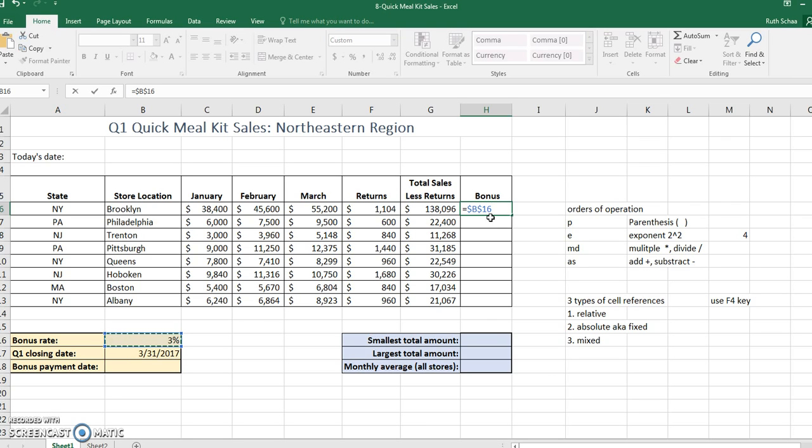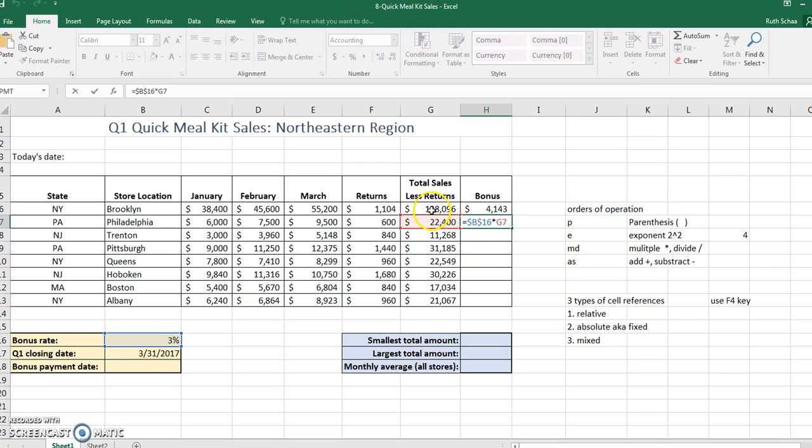And then it's an asterisk for multiplication. And then G6. When I copy this down, notice my formula still says what? B16.